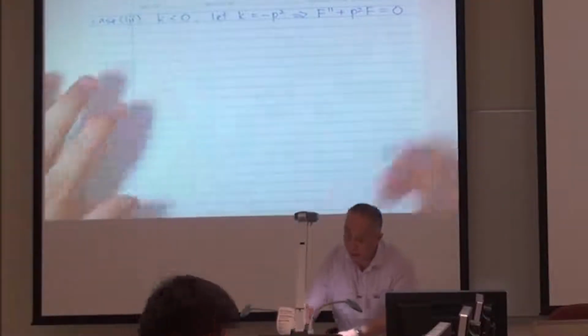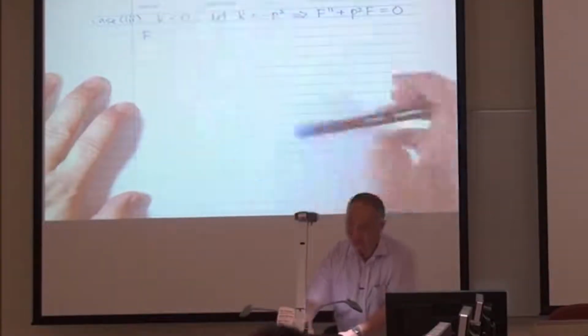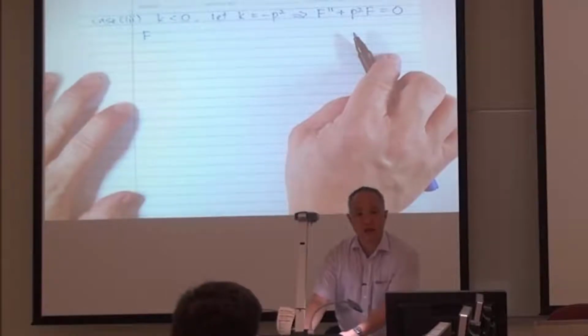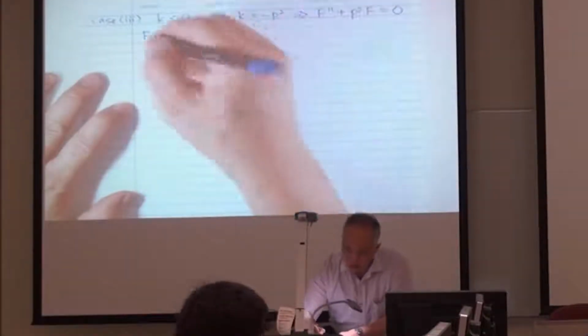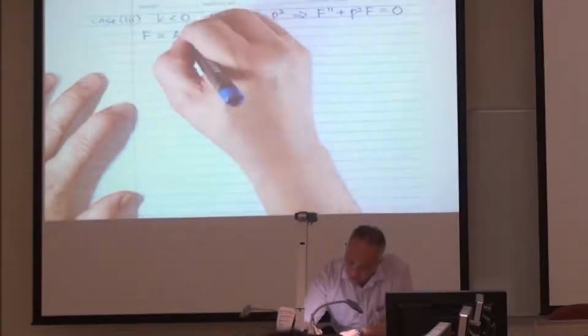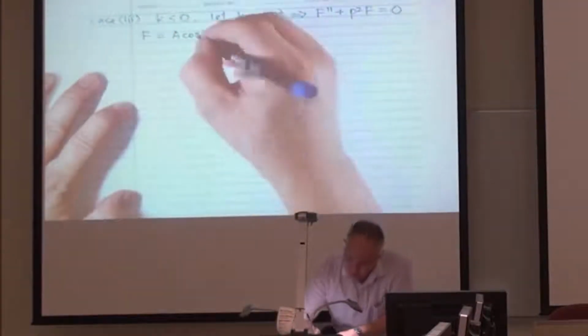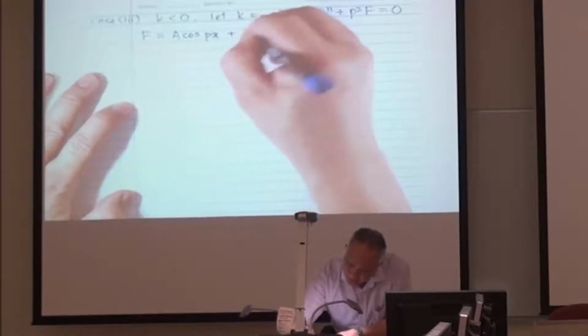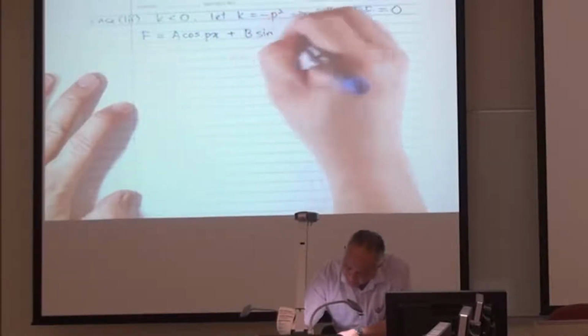And if you recall the method of solving this second order ODE, straight away you can write down f will be a cosine px plus b sine px.